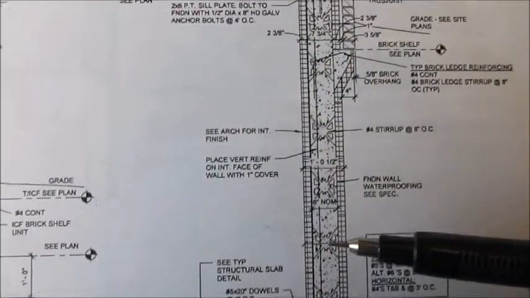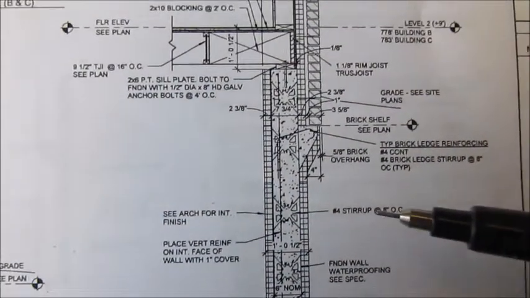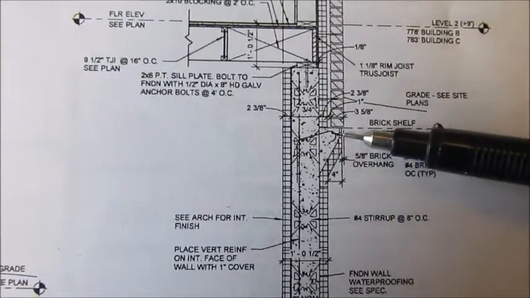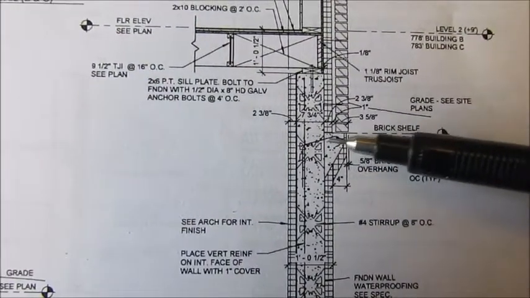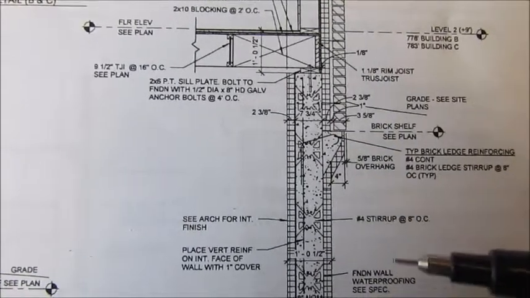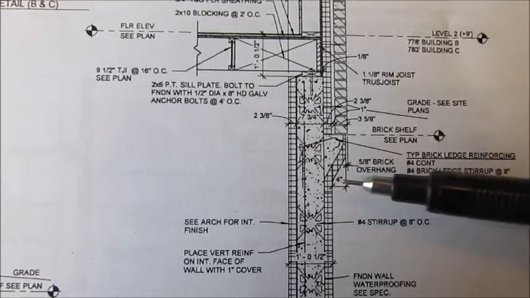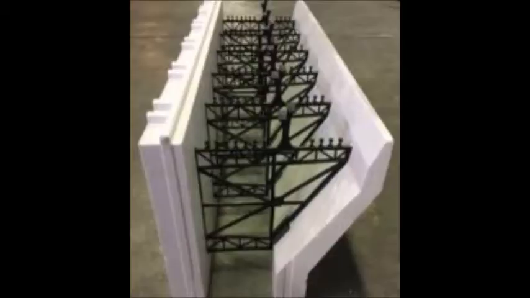If I keep moving up, we're going to find additional information, and what I want to focus on right here is this little bump out, this little piece that sticks out, and that is for our brick overhang. So they actually make a piece of insulated concrete form that looks like this. Here's a piece of insulated concrete form that forms a brick shelf. The left side of the concrete form is vertical.